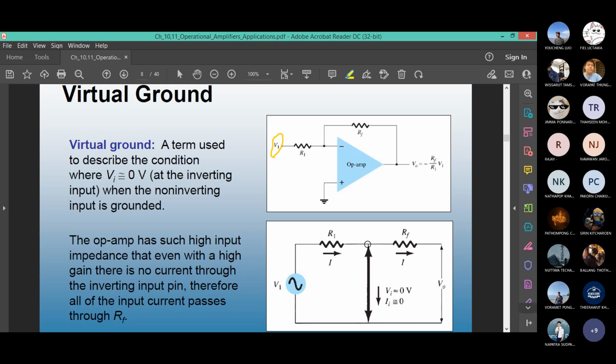We compared maybe half a millivolt of Vi with 1 volt or 2 volts of V1. If you compare that, Vi is almost close to zero. This concept makes people think that there's a ground, a short circuit. But actually there is no short circuit. The ground is virtual. It's a conceptual ground.